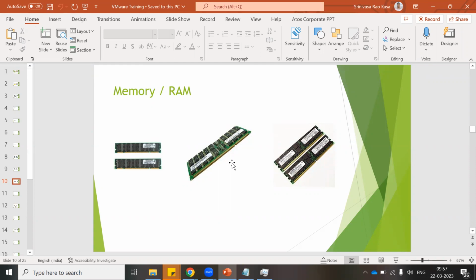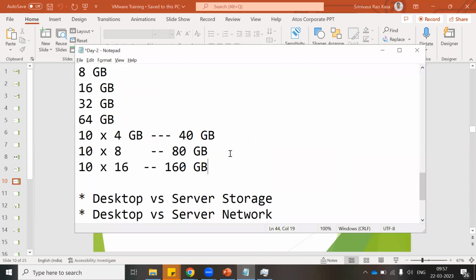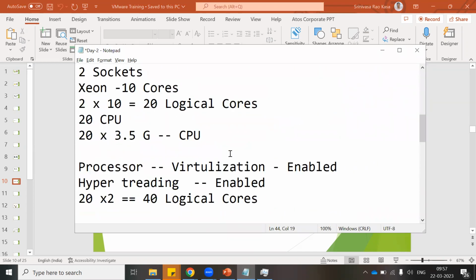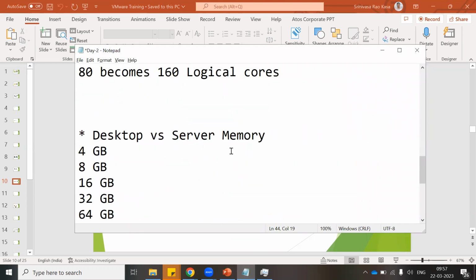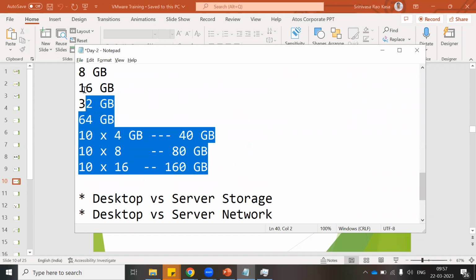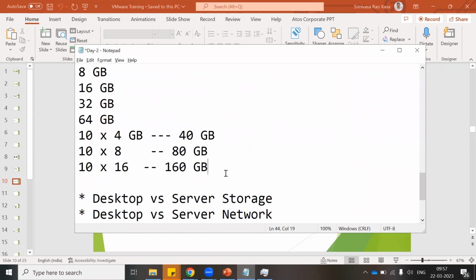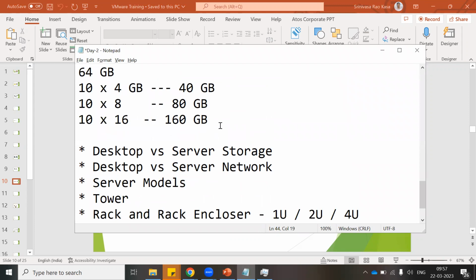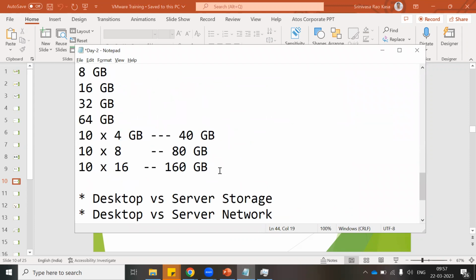So this is a memory. Until now we discussed the motherboard, processor, and memory. I'll stop here and discuss storage and network tomorrow. Any questions until this particular point?